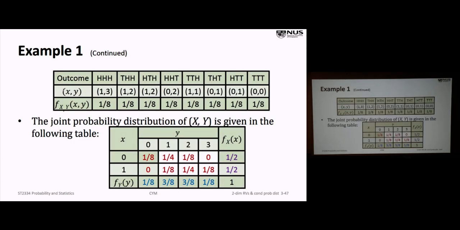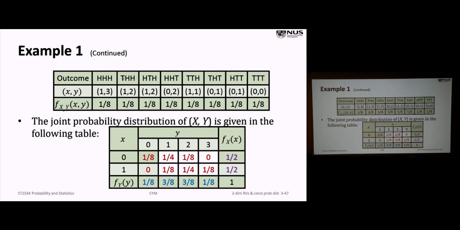Let's look at the joint probability mass function of X and Y. We have all our possible outcomes: HHH, THH, HTH, HHT, TTH, and so on. In this situation, for HHH, the last flip is a head so X is 1, and Y is the number of heads, which is 3.